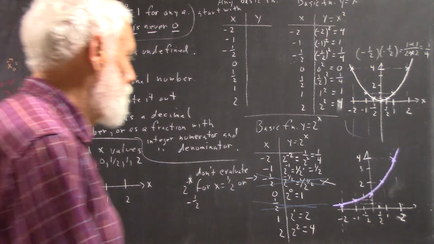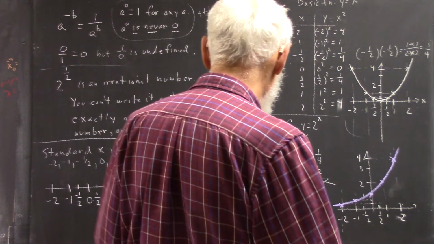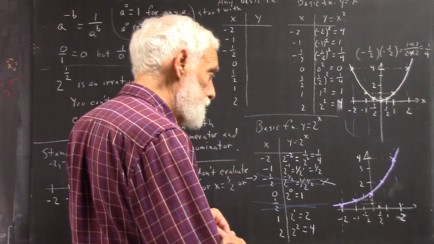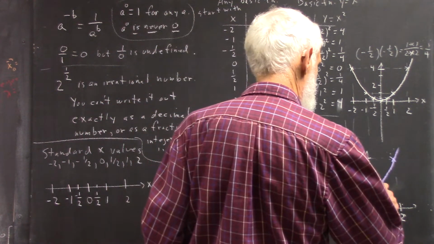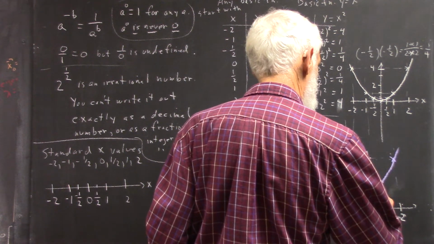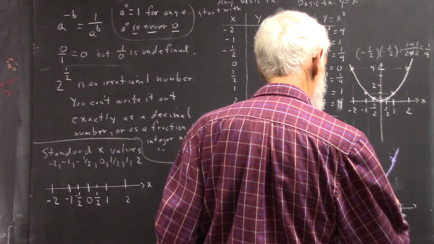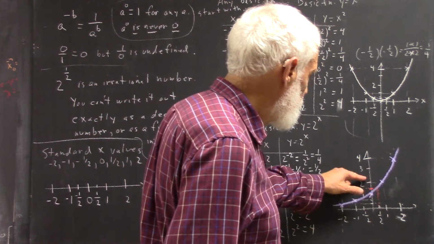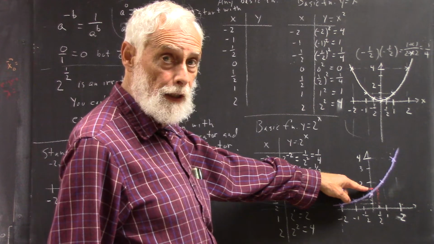And now if we want to know what y is when x equals, let's say, 1/2, we can do that on the graph. We can draw a vertical line here where x equals 1/2 and a horizontal line over here to the y-axis. Now if this is 1 and this is 2, that looks like it's around 1.5.